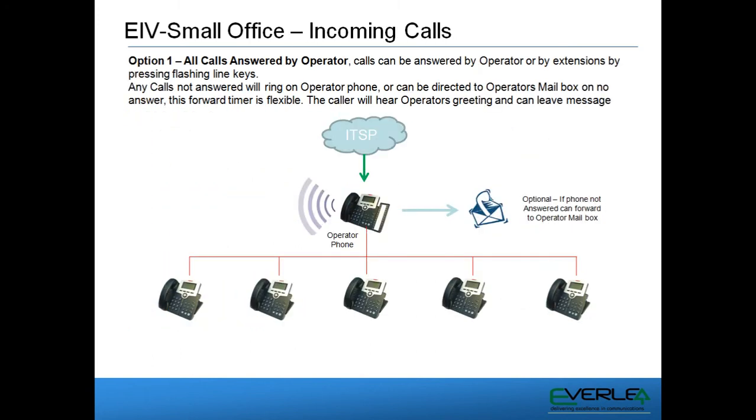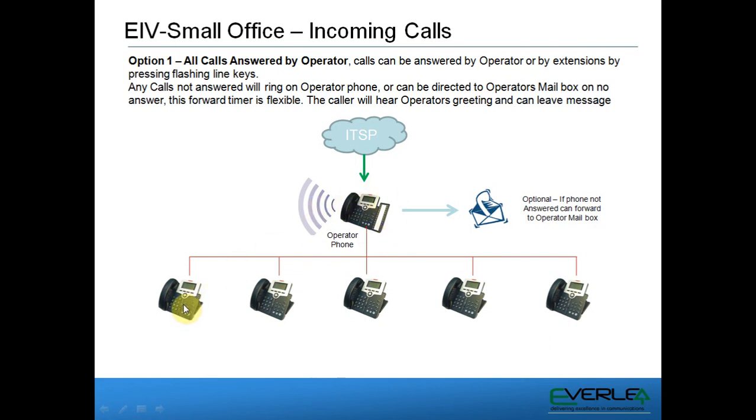Now finally, we just want to go through the incoming calls because we need to understand some of the rules here. All calls answered by the operator. So essentially all the calls are answered by the operator, and the extension could press the flashing line keys. So we'd have an incoming number here. This main phone is ringing.